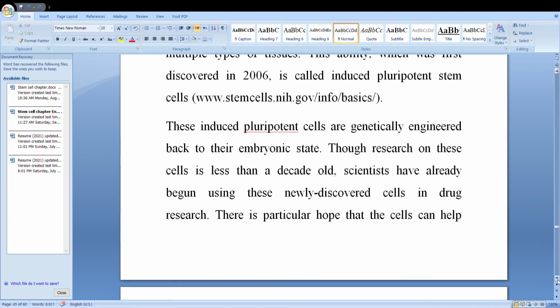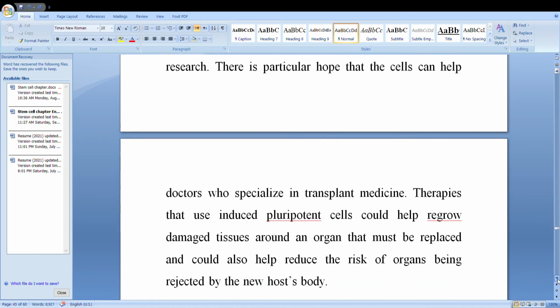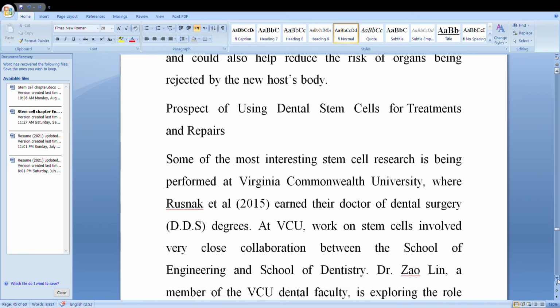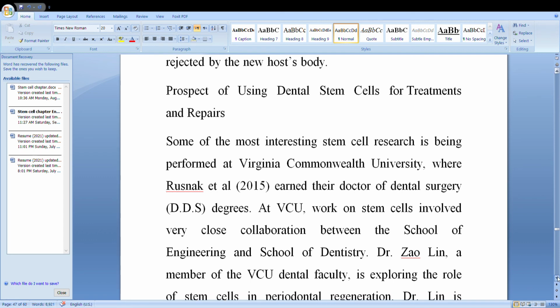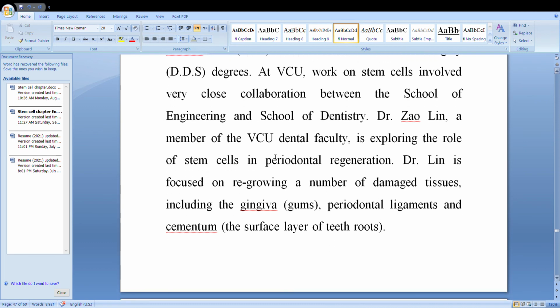They mentioned their data and explained how they did this work: dental stem cells for treatments and repairs. Some scientists, Rosnack et al. 2015, at Virginia Commonwealth University, did this research, along with others, in the School of Engineering and School of Dentistry.